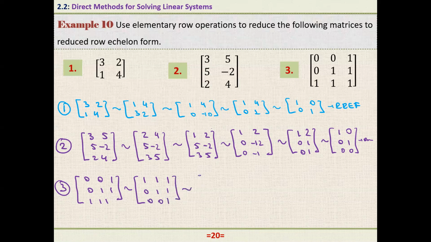Right? And if I multiply the second row by -1 and add to the first row, we will have 1, 0, 0. And if you multiply the third row by -1 and add to the second row, we will have 0, 1, 0. And here we have 0, 0, 1. Now we cannot go further. That is the reduced row echelon form of this matrix.